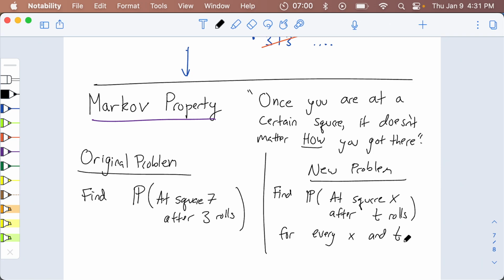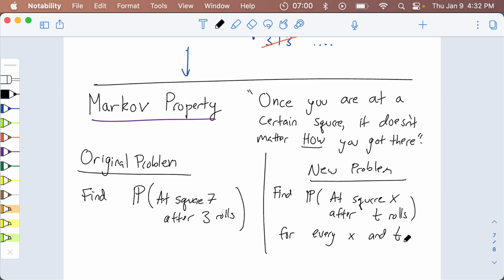Of course, the new problem contains the original problem by setting x equals 7 and t equals 3. But the new problem is a whole bunch of extra stuff. And any reasonable person, if you had a final exam in front of you and the instructor said pick one problem and do it, nobody would ever pick this new problem. You'd say, of course I'm going to pick the other one, it's easier. But what I'm going to tell you is that the new problem is actually easier.